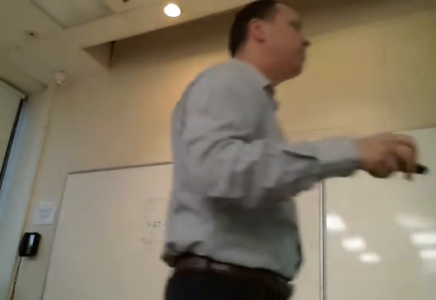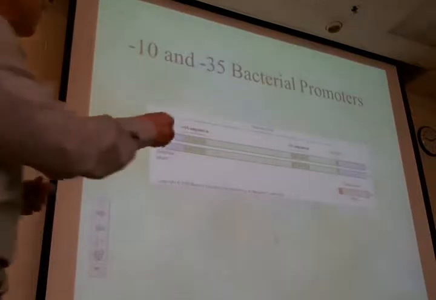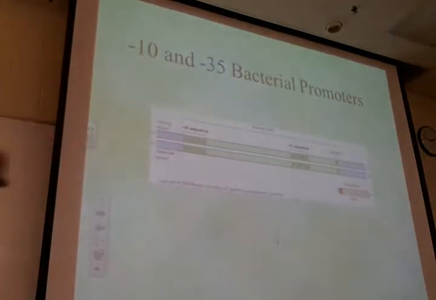Sigma directs the enzyme to promoters. So this is what sigma is looking for. It's looking for this -35 and this -10 sequence specifically. And it's really looking for this -10 sequence because it's going to start pulling apart the DNA.